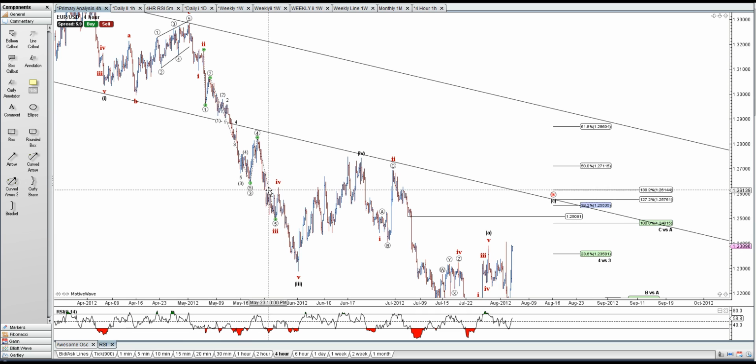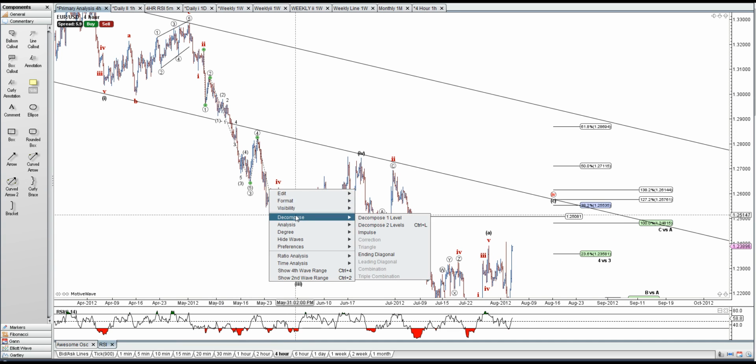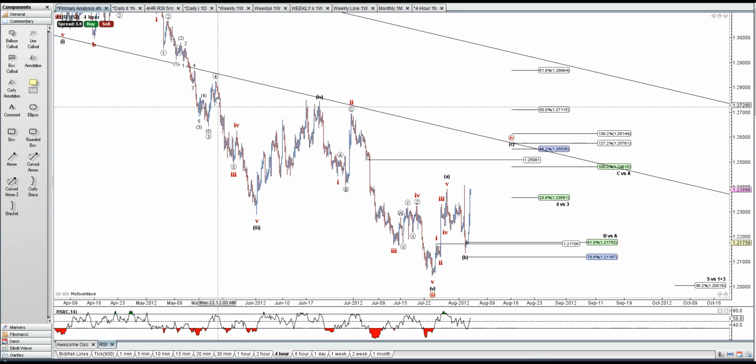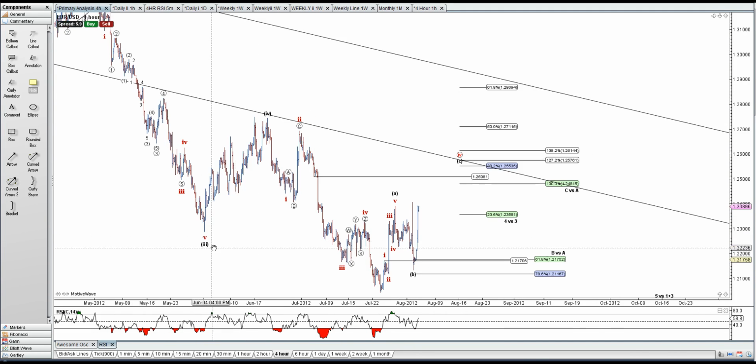If I click that, we could decompose ending diagonal with a 1, 2, 3, 4, 5. Analyze, show channel. It's kind of an expanding ending diagonal, so I don't really like that. But anyway, then there's a 4 and a 5 for this wave 3.